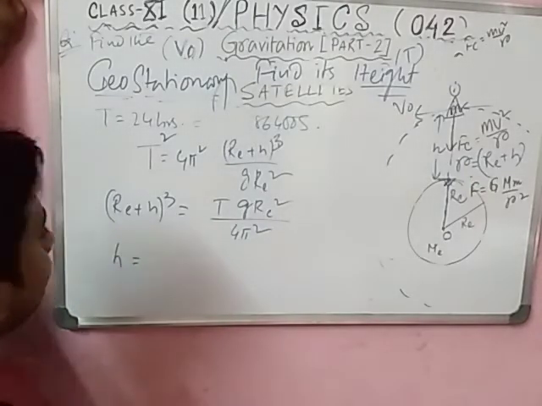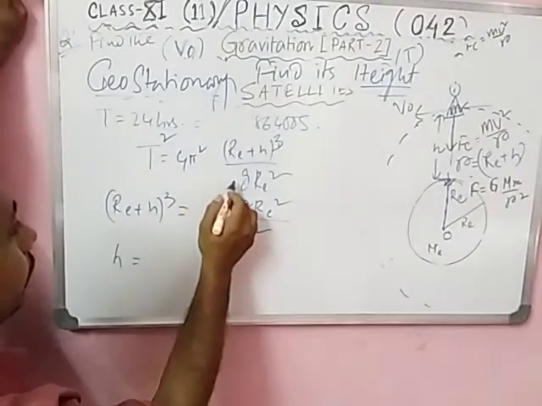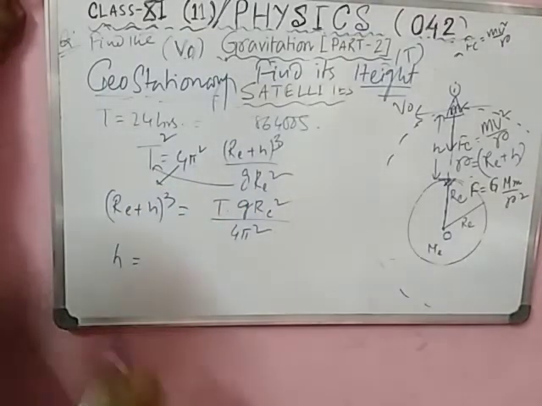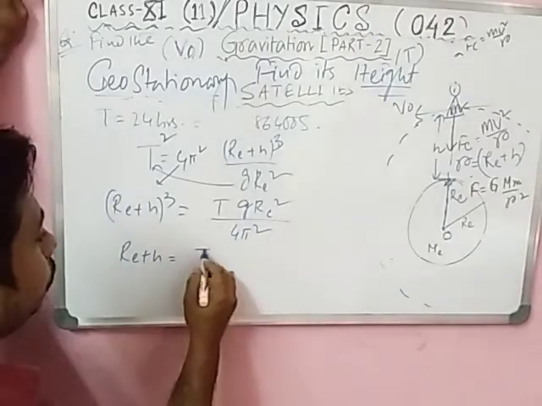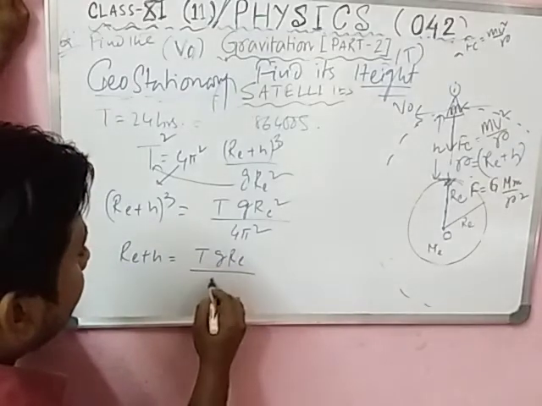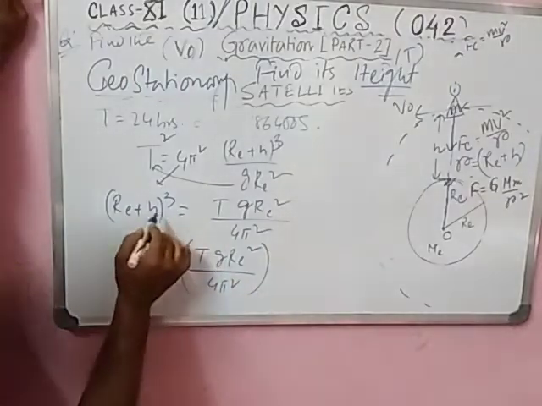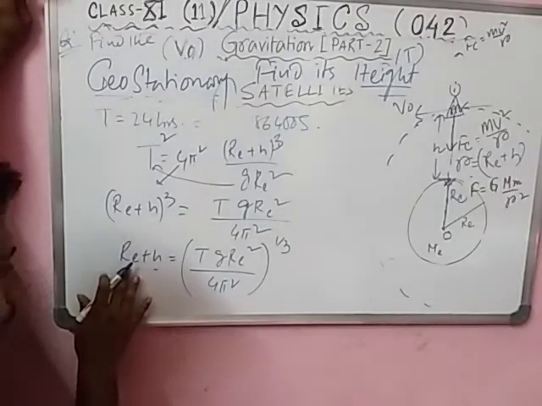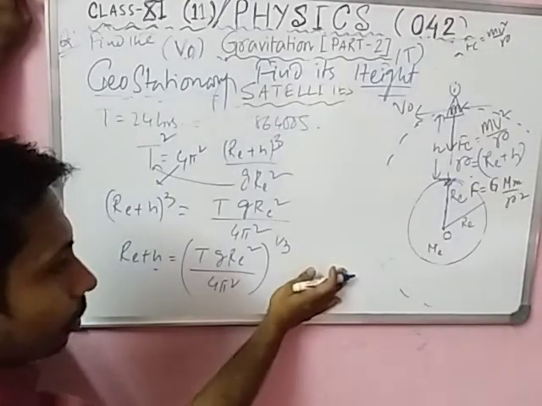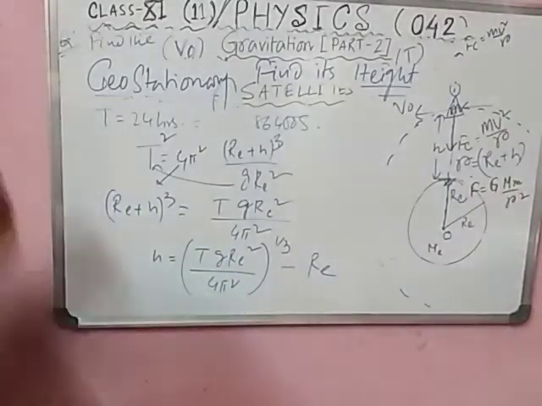Then RE plus H is equal to T square G RE square by 4 pi square whole to the power 1/3. Now you need height, so we transfer RE to the right side, so H equals that minus RE. Now you know the value.